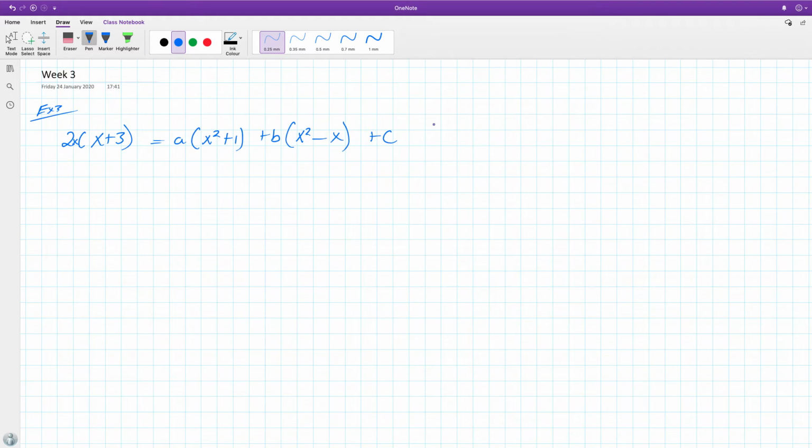Find the value of a, b, and c. So that's 2x multiplied by x plus 3 on the left. On the right, we have a in the bracket x squared plus 1, outside the bracket, then plus b in the bracket x squared minus x, and plus c outside.